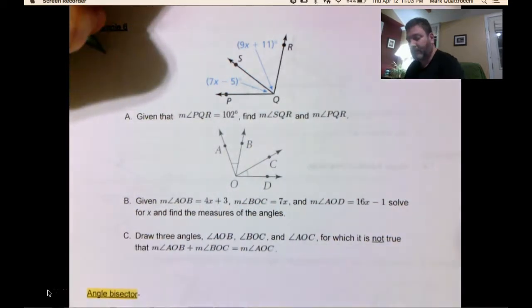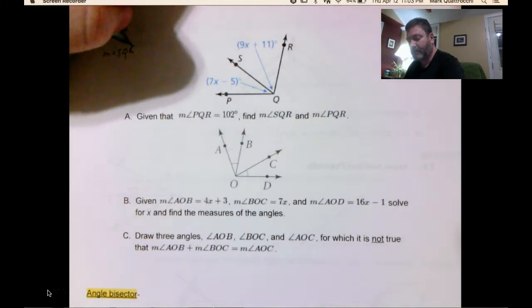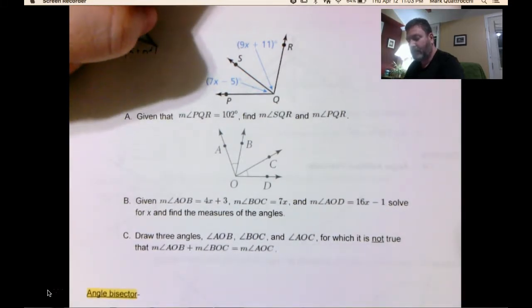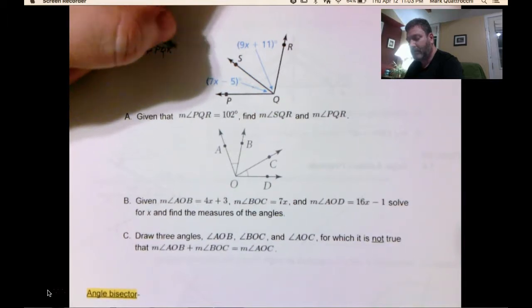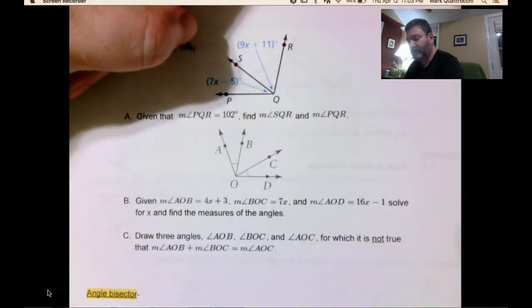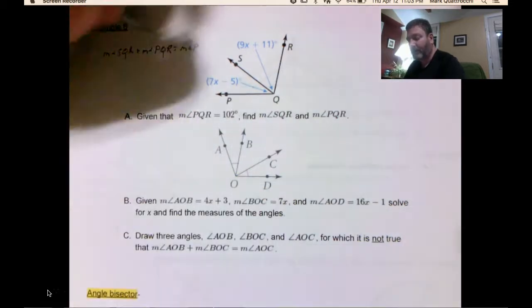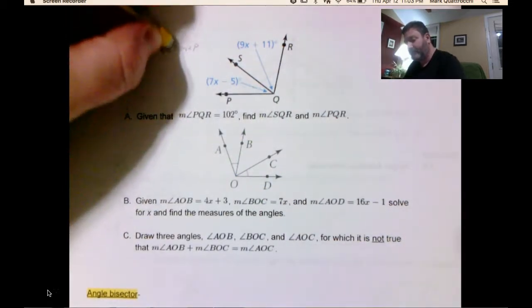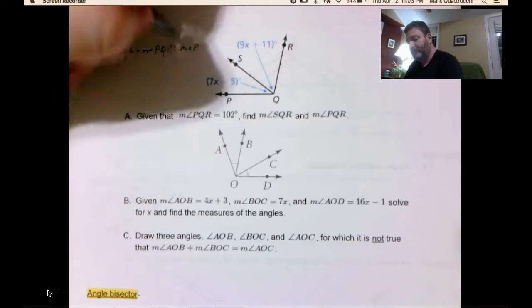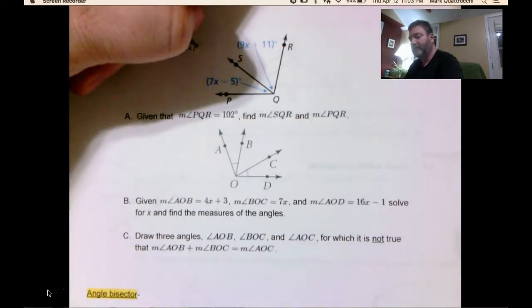In other words, measure of angle SQR plus the measure of angle PQS equals the measure of angle PQR.